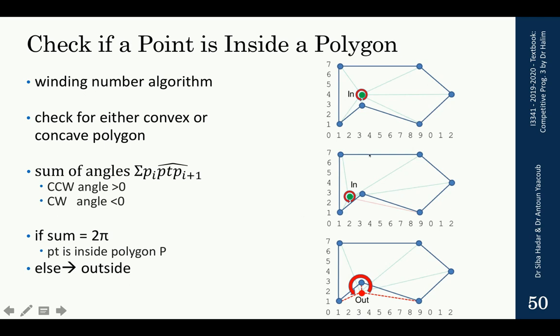So there is no problem to have negative angles, but the important thing is that the sum of the negative angles with the positive angles will be equal to 2 pi. If the sum is not equal to 2 pi, like the third example, we have two positive angles and all the rest are negative, and if we sum all this, it will not be equal to 2 pi. Here we deduce that the point is outside the polygon.